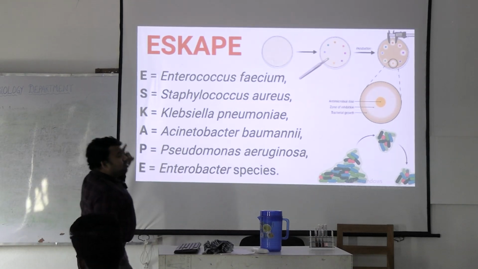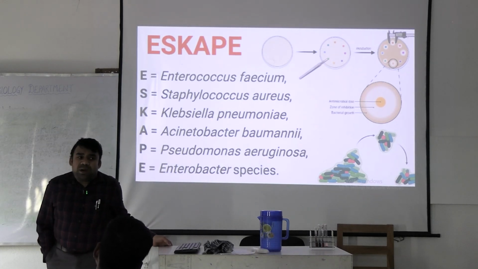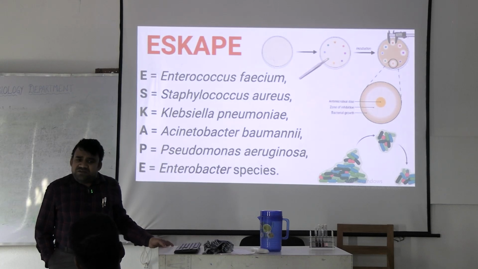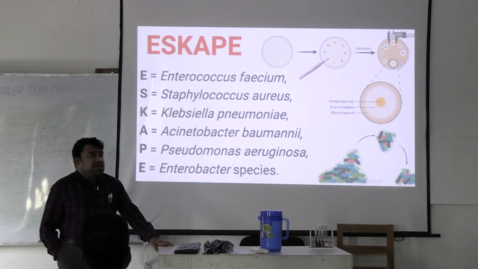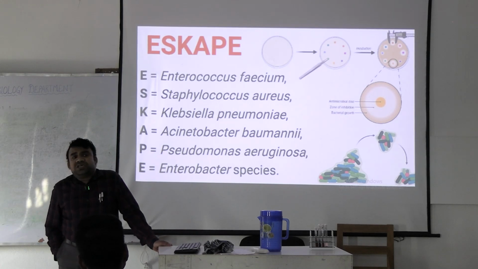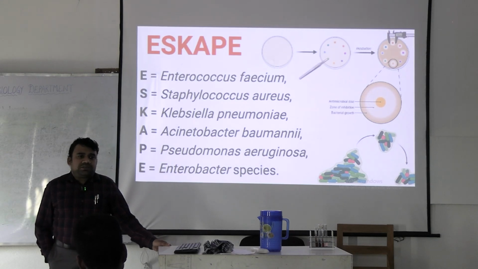Similarly, Enterococcus faecium, very commonly found are vancomycin resistant enterococci or VRE. Those are very difficult to treat. Similarly, in case of Acinetobacter baumannii and Pseudomonas aeruginosa, the MDR strains are resistant to almost all classes of antibiotics.